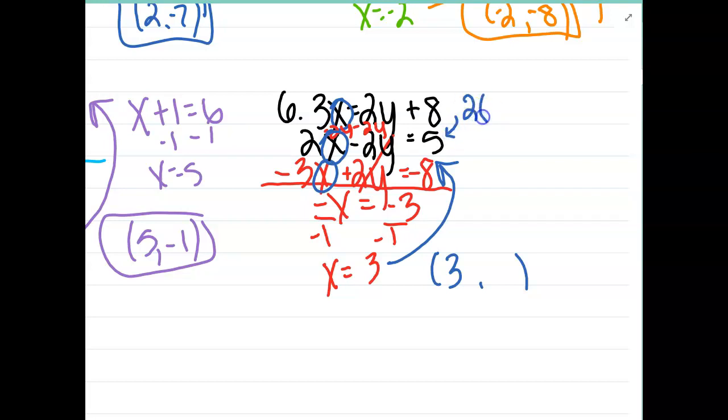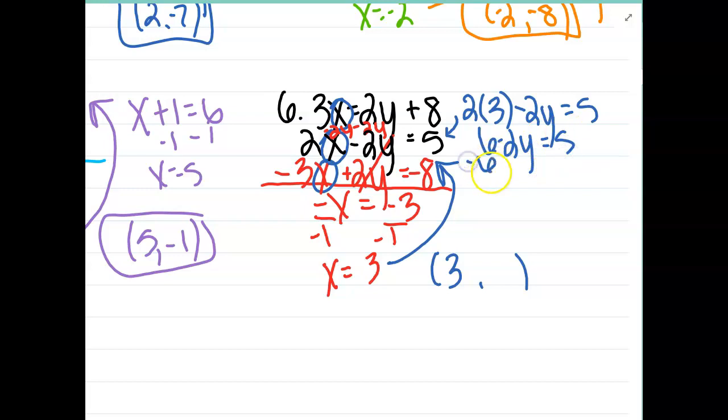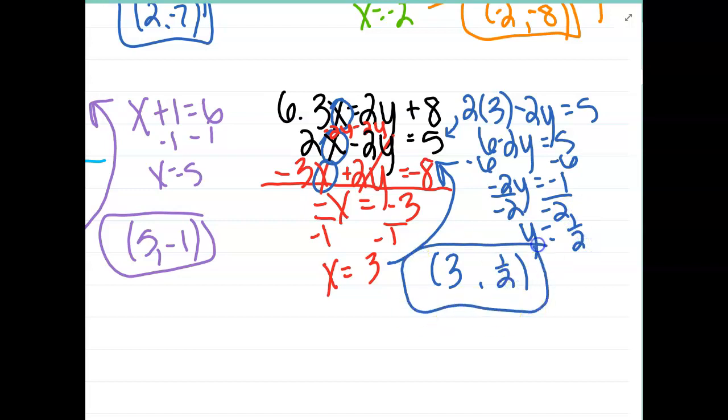So we'll do 2 times, instead of x, we'll plug in our 3, minus 2y equals 5. 2 times 3 is 6. Minus 2y equals 5. Subtract 6 from both sides. We have negative 2y equals negative 1. And then finally divide by negative 2. A negative over a negative would be a positive. And you could turn it to a decimal if you wanted, or just leave it as 1/2.